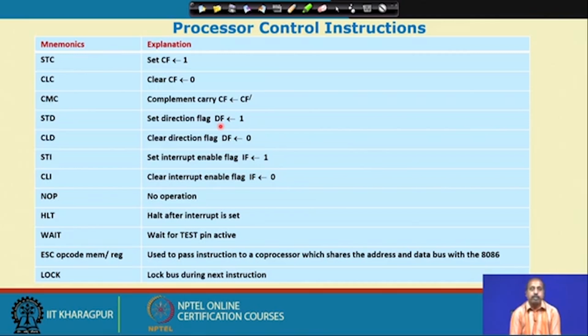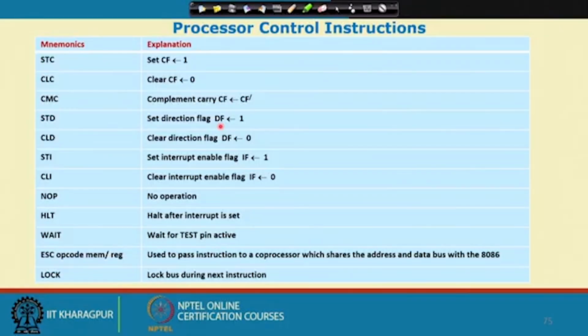So, after some time the interrupt will come and it will raise the processor back to normal operation, but this halt instruction is there. Then there is a WAIT instruction, which waits for the TEST pin to be active. This is useful when you have a number of masters in the system.